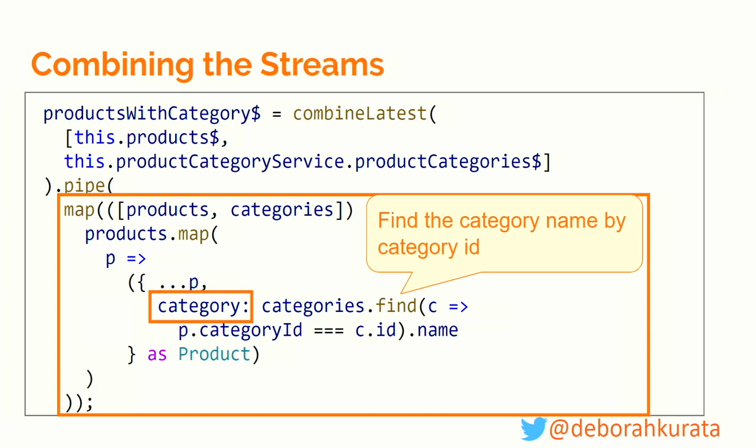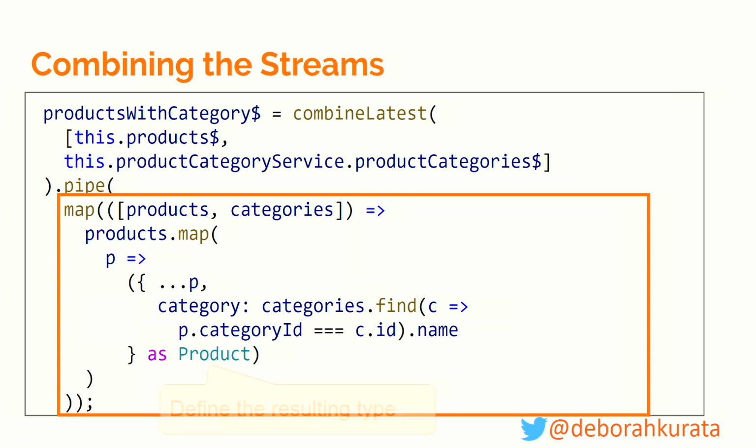Seems pretty straightforward. Now, the last important thing is to define the resulting type. If you don't add the as product, if you hover over the result of products with category, it will tell you it is of type curly brace, property, property, property, property, property. And we don't want that. Right? We want, coming out of this thing, a product array.